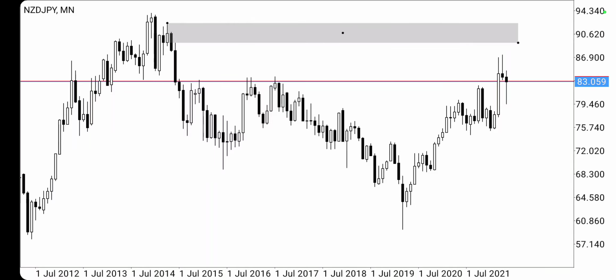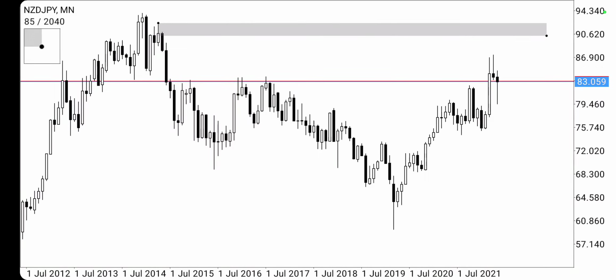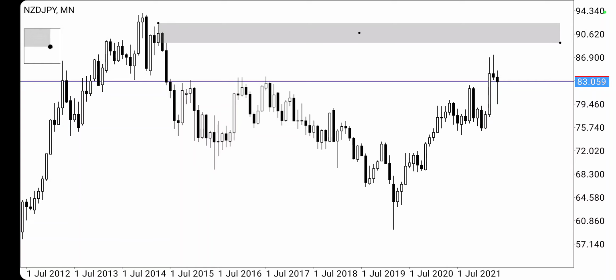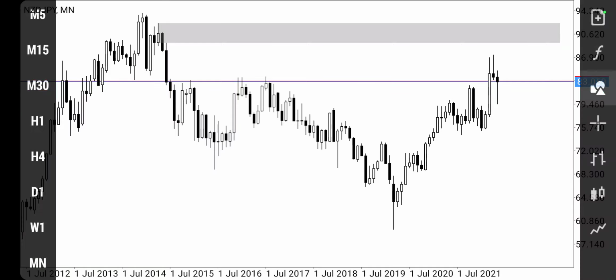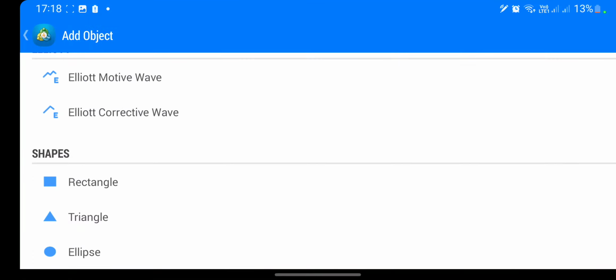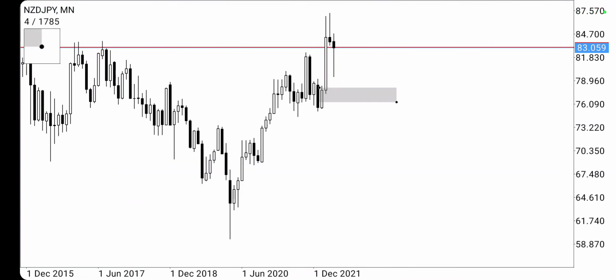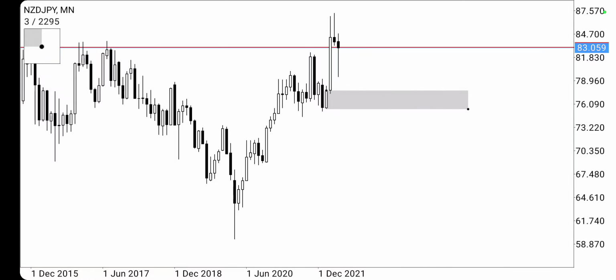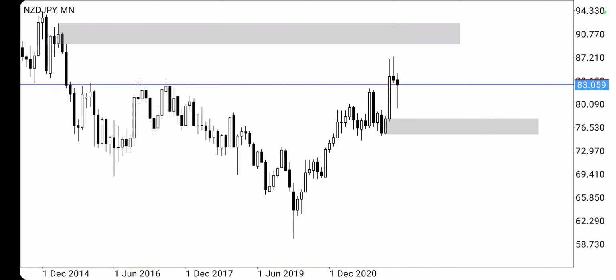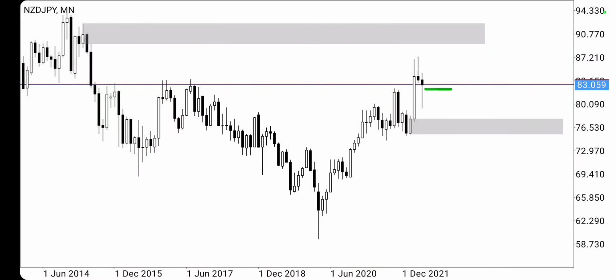And remember, we always mark the area above and the area below the current price. The nearest area above is this one, and the nearest area below is this one here, so that we know how the price is moving in between. If the price comes down now, and it turns there, if it comes in here, we are buying. Where are we going to exit?